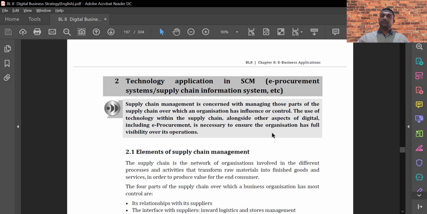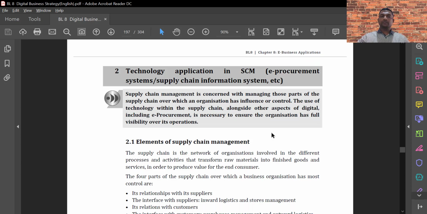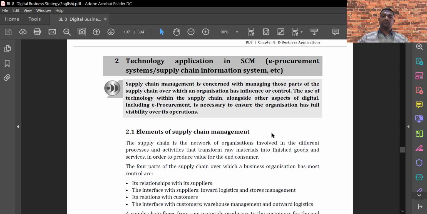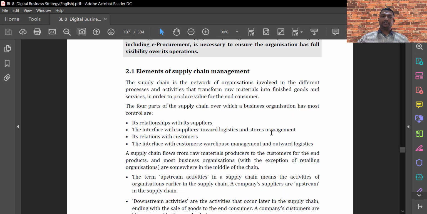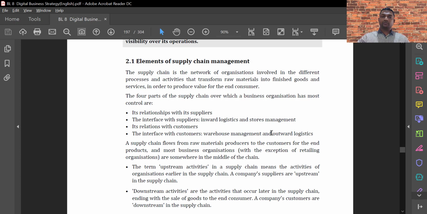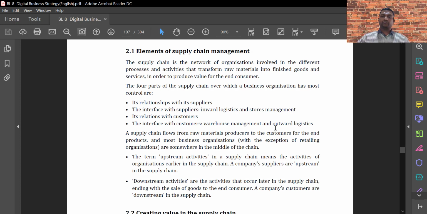Under chapter 8, e-business applications, technology application in supply chain management, the elements of supply chain management are explained. The organization has control over these four parts in the supply chain: the relationship with the suppliers, the interface with suppliers, which is inward logistics and stores management, the relationship with the customers, and the interface with the customers, where warehouse management and outward logistics are handled.